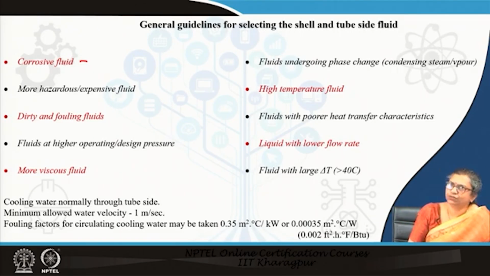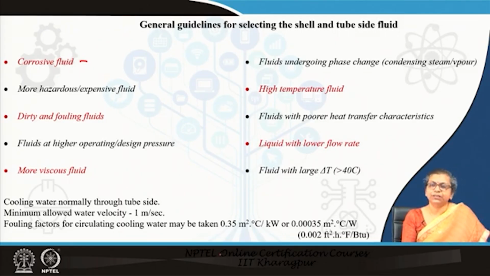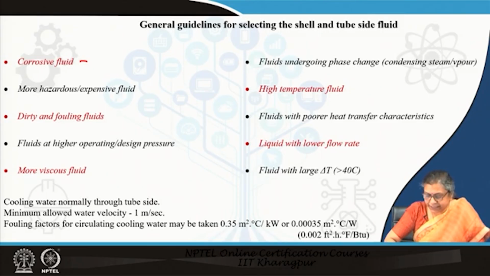You would definitely not want that. The other thing is, if you put the corrosive fluid on the tube side, then it is easier to clean the tube, and it is also easier to replace the tubes. Tubes are mostly bought out items, so you can very easily replace them.